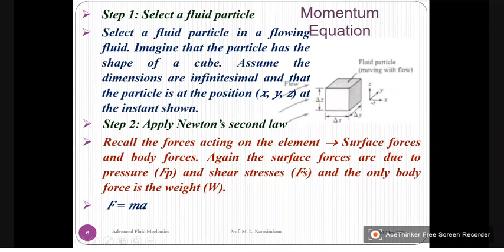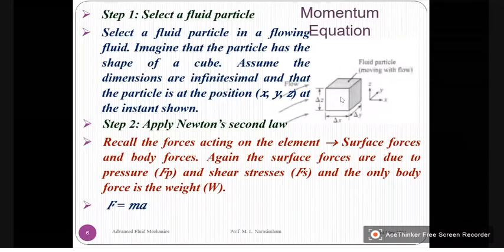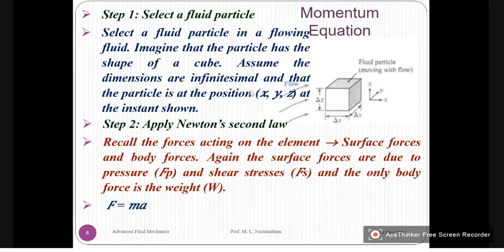And considering Cartesian coordinates, this is x, this is y, and this is z. Now assume the dimensions are infinitesimal and that the particle is at the position x, y, z. The coordinates of the central point are x, y, z at any particular instant of time.